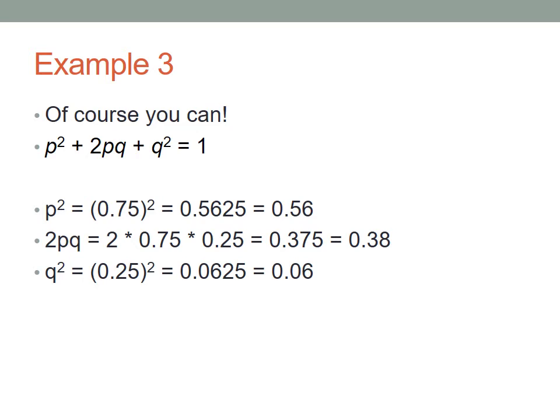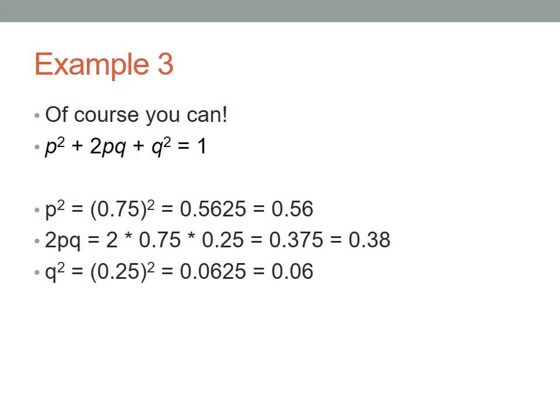Now, if you're looking at this slide right now, you're going to discover this is a little different than the PowerPoint slides I had posted on Brightspace, which had a mistake in the math. Sorry about that. So I've gone back through and redone the math here. p squared would be 0.75 squared because we know that p is 0.75. So p squared equals 0.75 squared, which equals 0.5625.